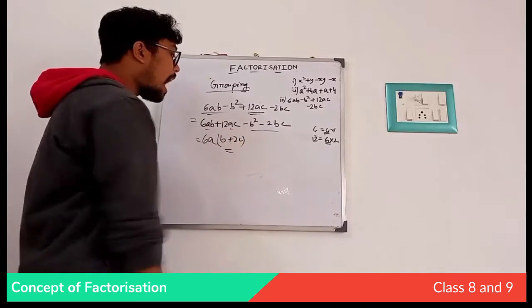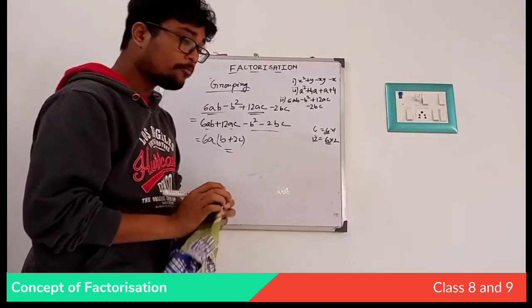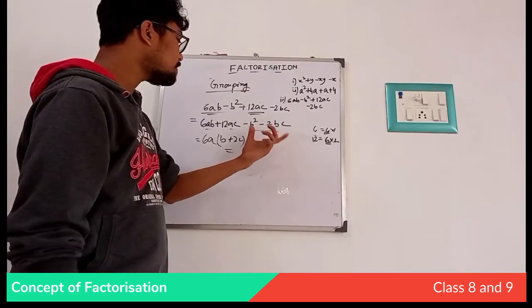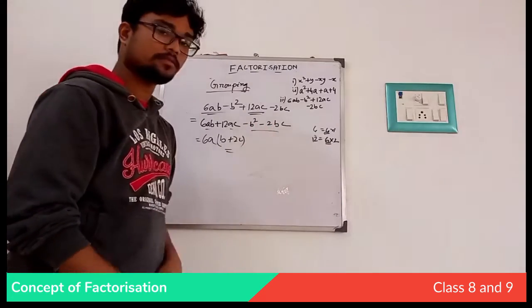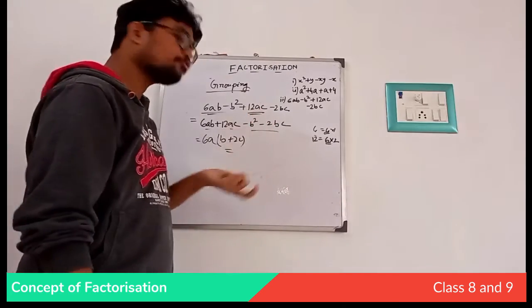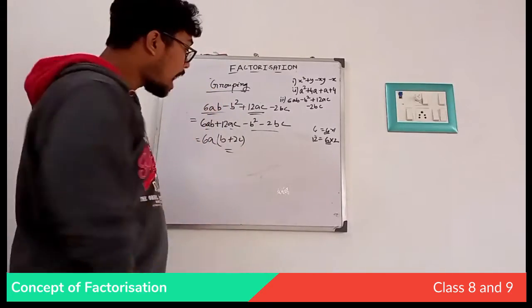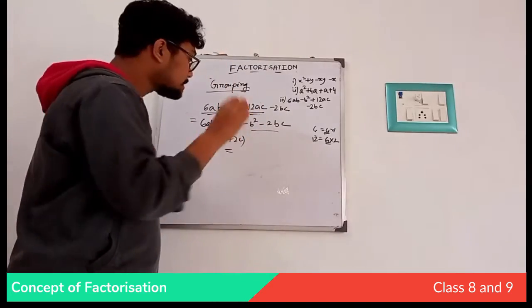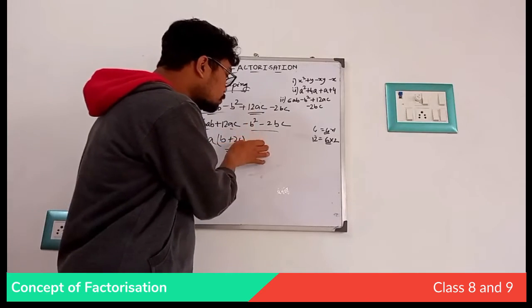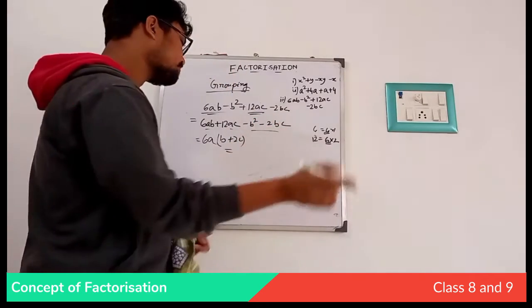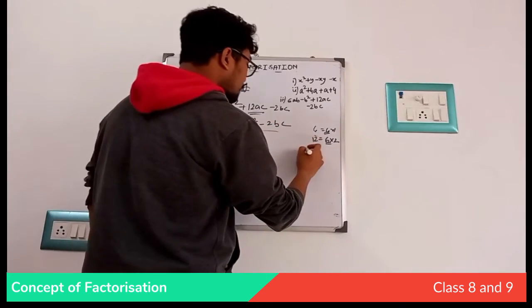Okay. So how will someone get b plus 2c from minus b square minus 2bc? That is our target, because we have to take out a common factor. Listen carefully.